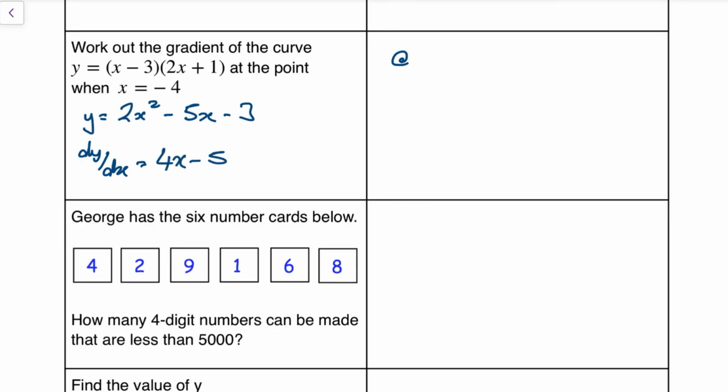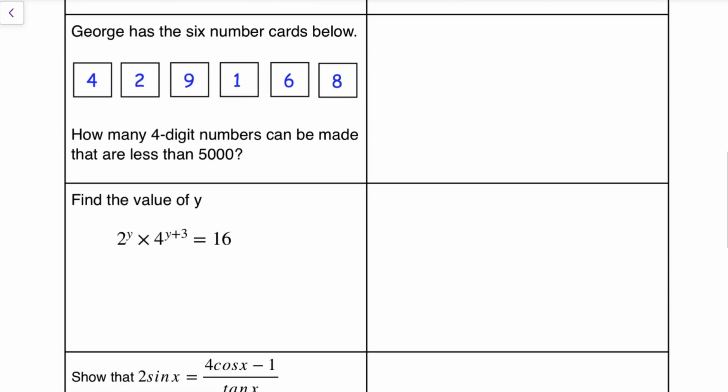At the point x is minus 4, I just want the gradient, so not the normal or anything. My dy/dx, in other words my gradient, is going to be 4 times minus 4 minus 5, which is minus 21. And that is that question done.